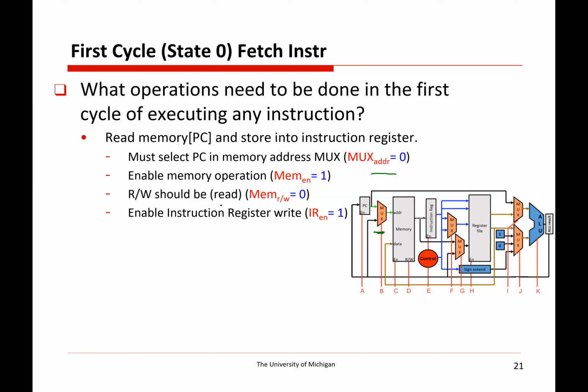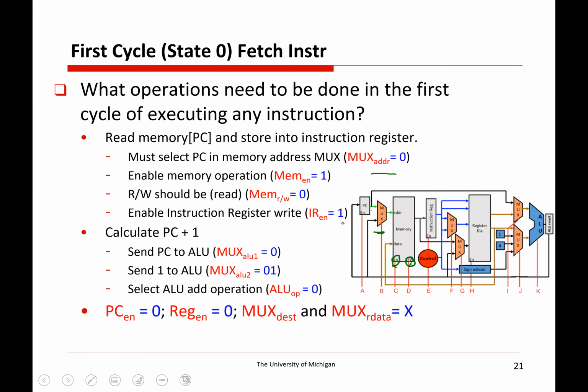We need to make sure that we're enabling memory operations, so we'll set this high. Read and write should be set to 0 so that we're reading. And then we need to be able to write into this instruction register. Again, the instruction register is remembering what instruction we're executing, because since this is going to take multiple cycles, we're going to have to remember what we've loaded from memory. So those are the things that we need to set here.